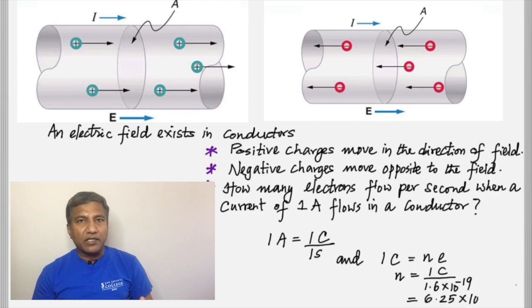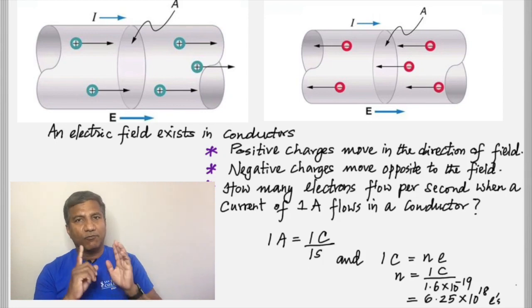So we can find the number of electrons necessary by dividing the charge, which is 1 coulomb, by the charge of an electron. So whatever charge needs to flow divided by the charge of the electron, and we will get the number of electrons, which in this case is a huge number. We get 6.25 times 10 to the power 18 electrons have to flow in order to constitute just a current of 1 ampere.